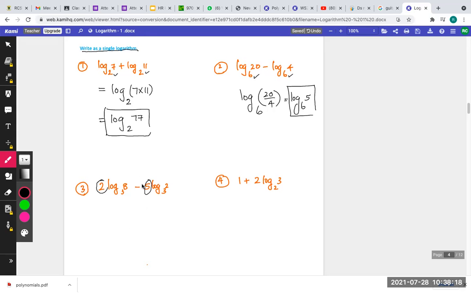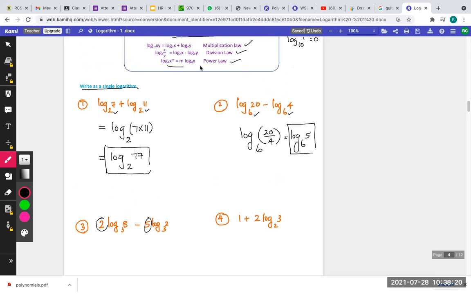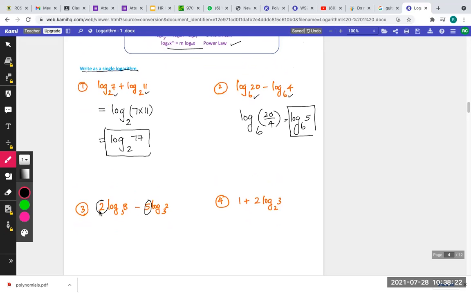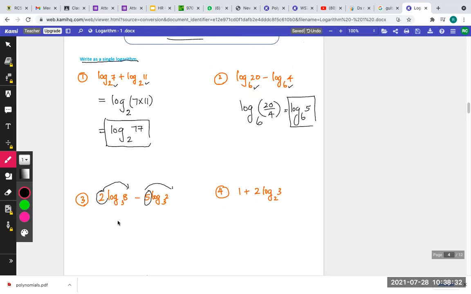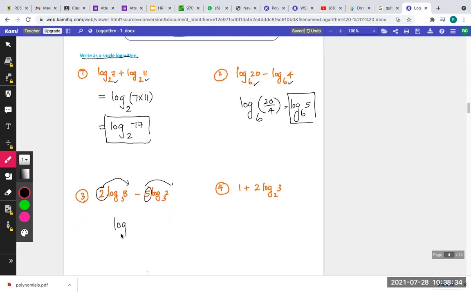But you can get rid of that by using our power law, right? If the number is in front, you can make it as a power of the number, right? So 2 will go as a power of 8, 5 will go as a power of 2. So how do I rearrange it? It becomes log 8 square to the base 3 minus log 2 to the power 5 to the base 3.